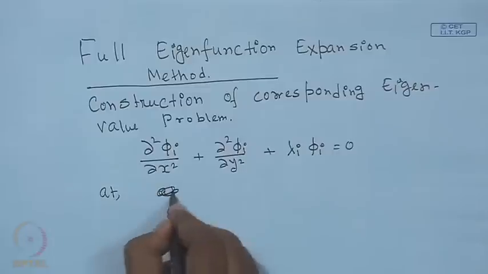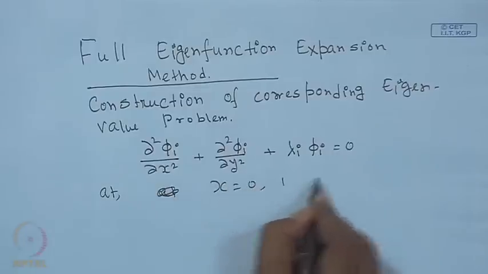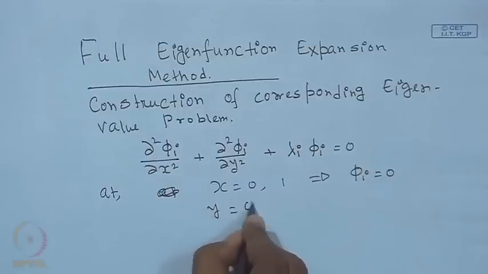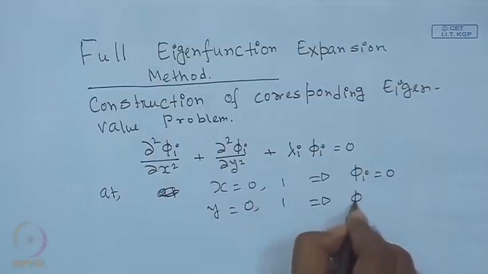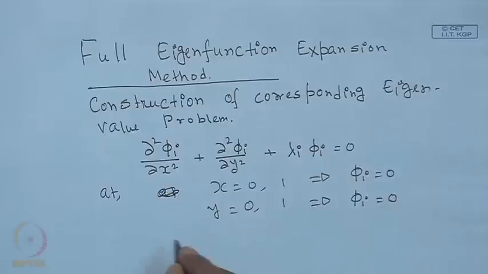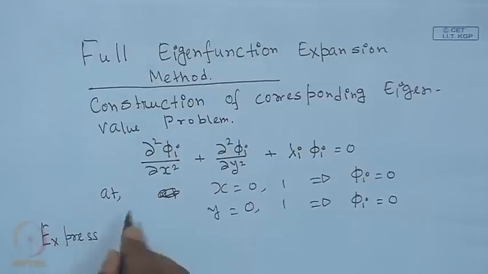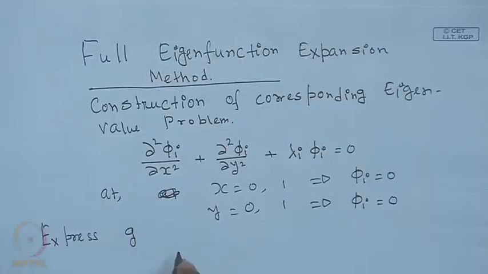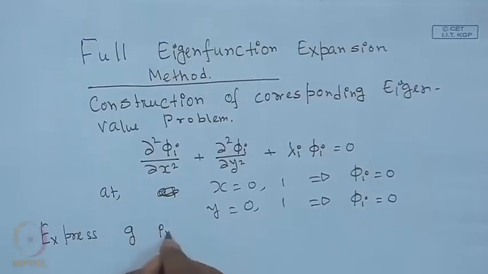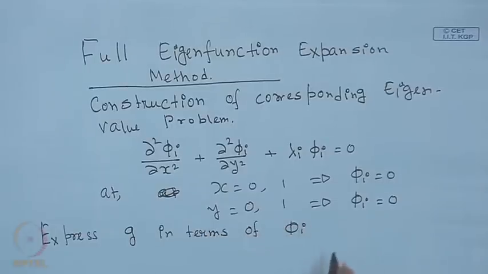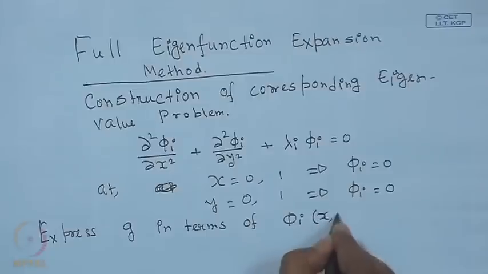That means, at x equal to 0 and 1 we have phi I equal to 0, and at y equal to 0 and 1 we have phi I equal to 0. Now, we express our Green's function g in terms of eigenfunctions phi I, x and y.